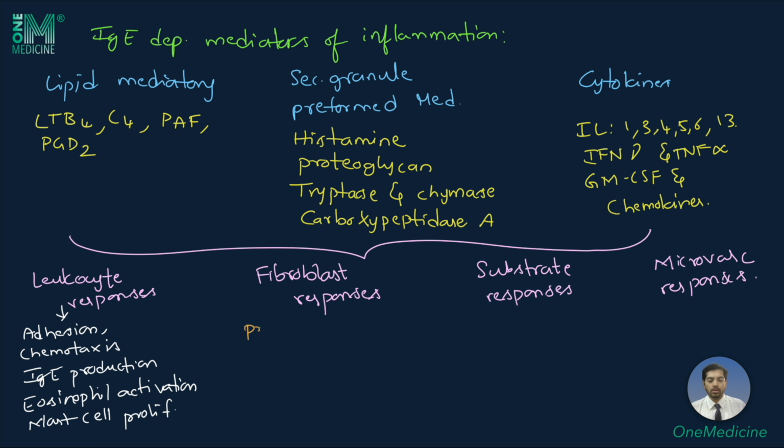Fibroblast responses include proliferation, vacuolation, production of collagen, and globopentosyl ceramide production.